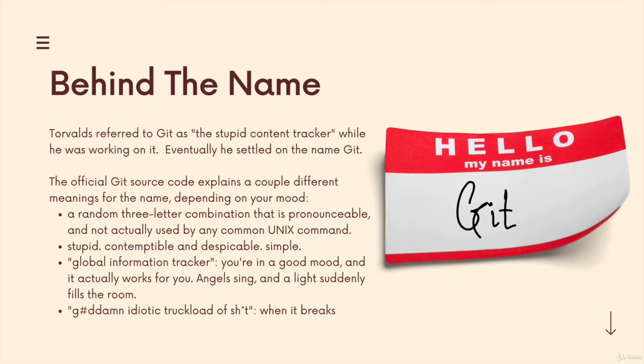So it's either a random three-letter combination that is pronounceable, that's always good, and not actually used by any common Unix command. The second option of the meaning of Git is stupid, contemptible, and despicable. Simple. Then we have Global Information Tracker. That's the more corporate, cleaned up version. Git, G-I-T, Global Information Tracker. That's for when you're in a good mood and it actually works for you. Angels sing and a light suddenly fills the room.